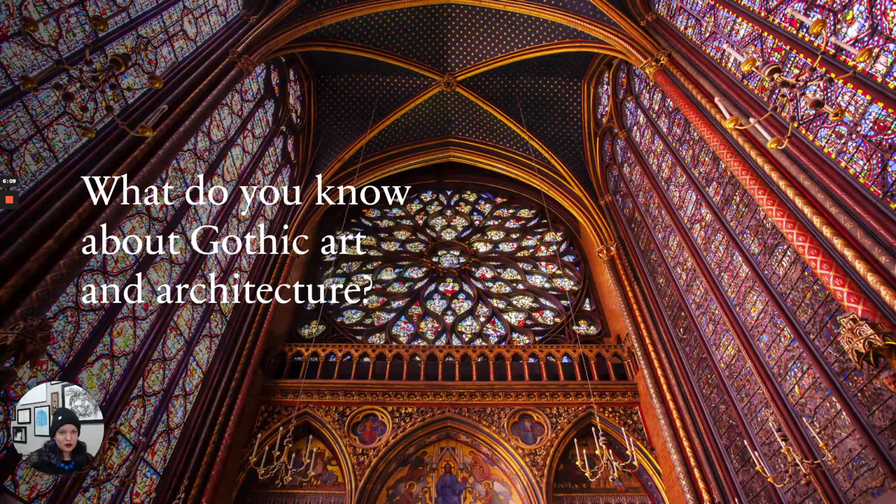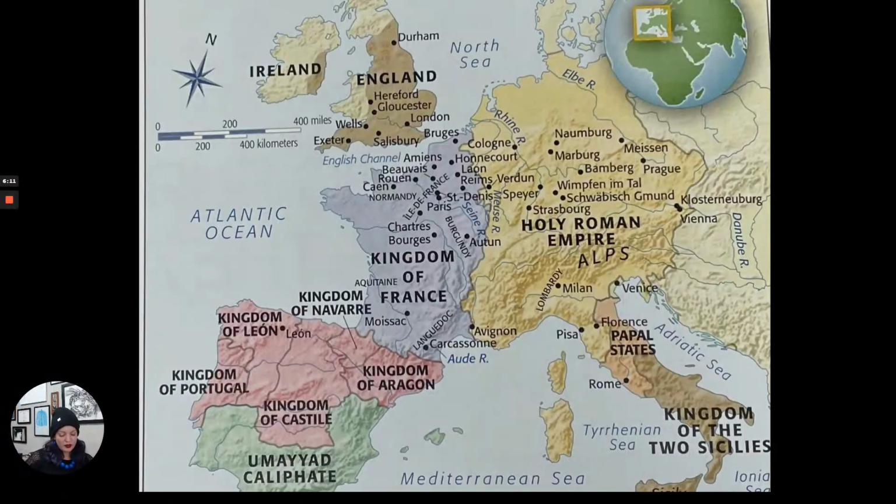For Gothic art and architecture, we have three major regions that we're going to talk about in Western Europe: France, England, and the Holy Roman Empire. As I said, this is the intro, so I'm just going to break things down for you. This is what the map of Western Europe looks like at this time.